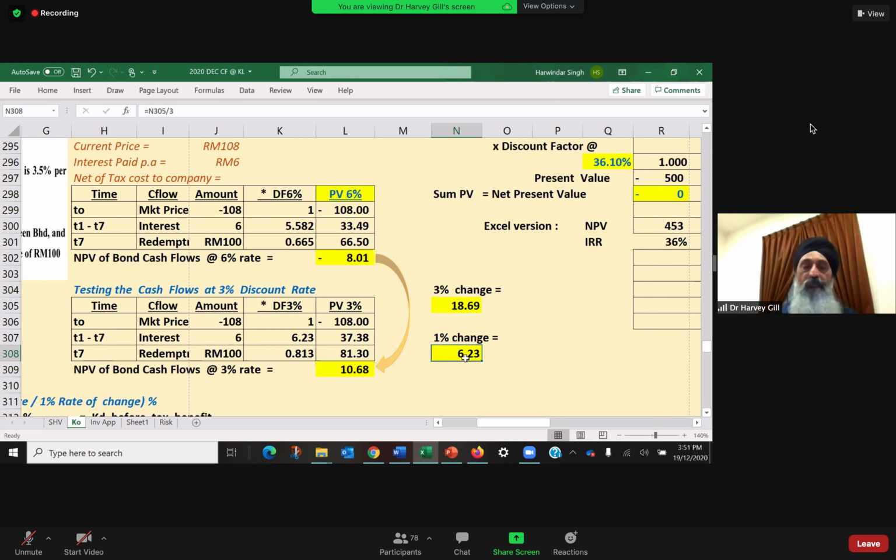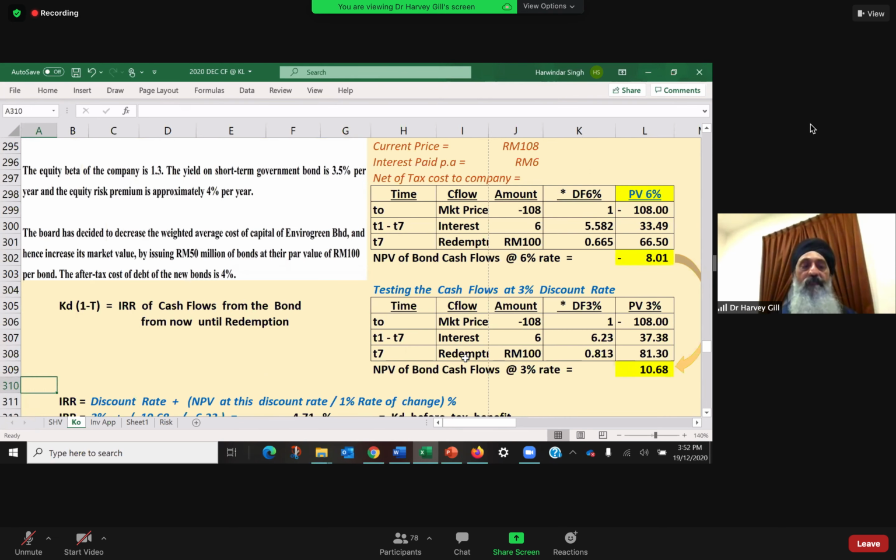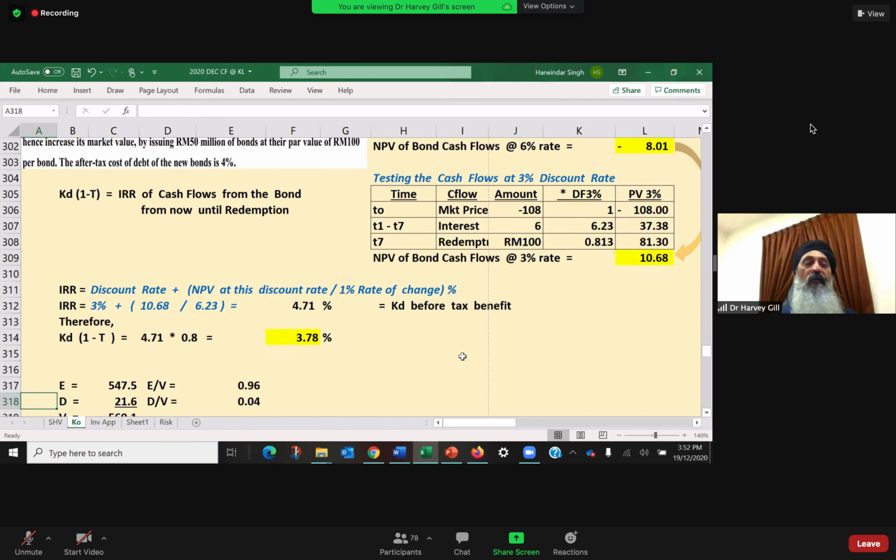Well, you do a simple rate of change calculation to get the IRR. The IRR is simply the discount rate plus the NPV at this discount rate divided by the rate of change. So if I start with the 3%, IRR is 3%. What was my NPV at 3%? 10.68, and the change over 1% is 6.23.